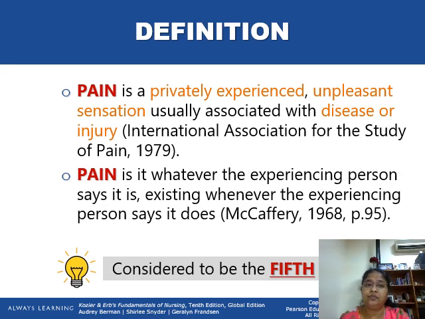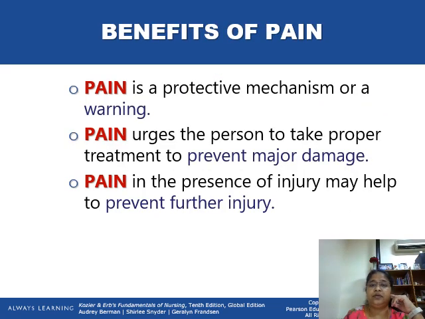So it is more subjective, what he feels. It's not you who is deciding. It is the person who should say, and when he says there is pain, you cannot deny that. We need to go according to that report, that symptom. It is considered to be the fifth vital sign, which we already know.